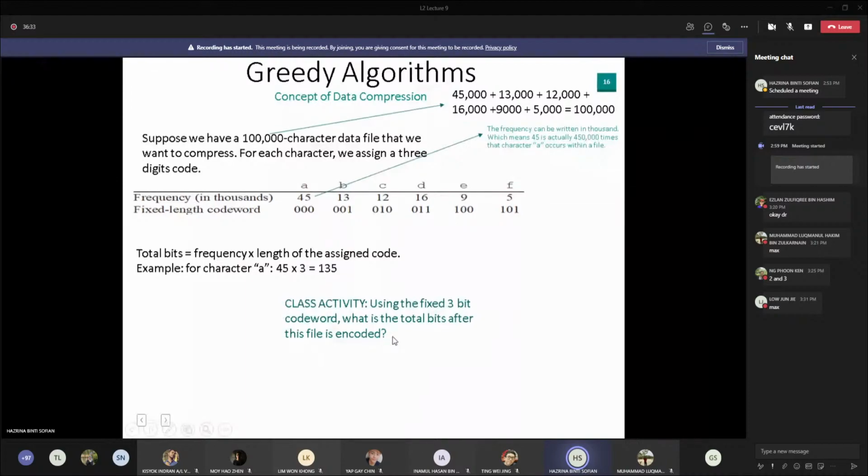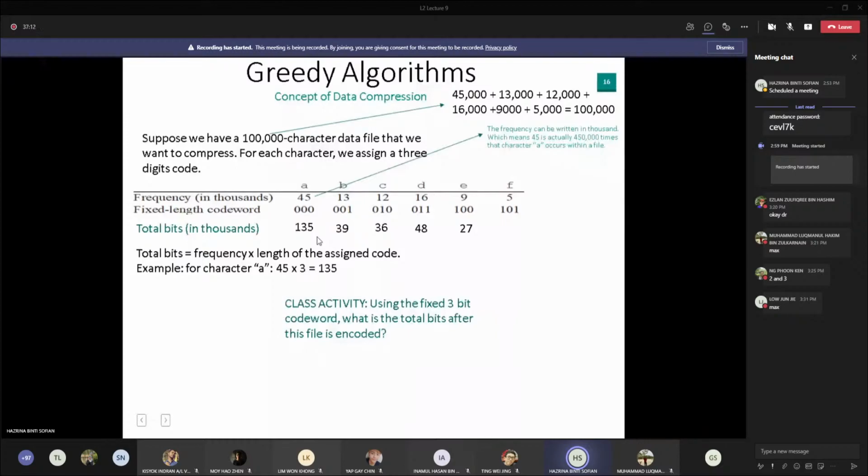How we are going to calculate it is, for example, the total bits for A is 45,000 multiplied by 3, the length of the assigned code, which is 135,000. 13 times 3 is 39. 12 times 3 is 36. 16 times 3 is 48. 9 times 3 is 27.